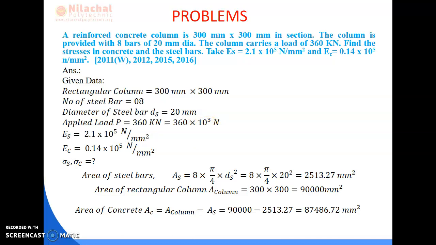Young's modulus for steel is 2.1 into 10 to the power 5 Newton per mm square. Young's modulus for concrete is 0.14 into 10 to the power 5 Newton per mm square. We are asked to find the stresses in concrete and steel bar, that is, stress in steel sigma s and stress in concrete sigma c.